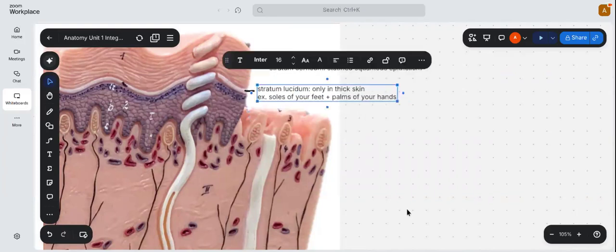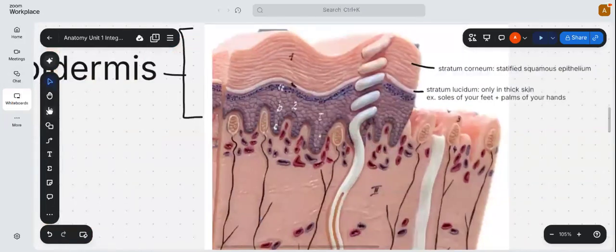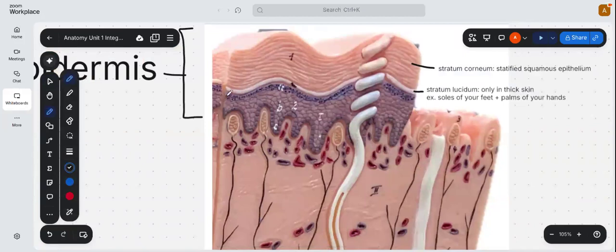Next is going to be your stratum granulosum. The stratum granulosum in this diagram is going to be this darker purple layer, not the whole purple, but just the beginning dark purple portion. You can see that it ends over here where it then transitions into a lighter purple.